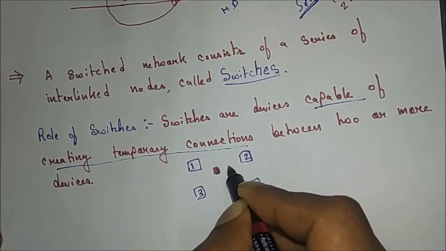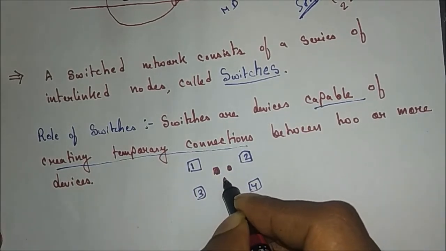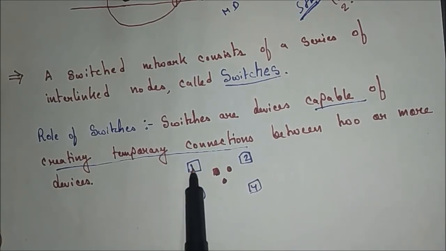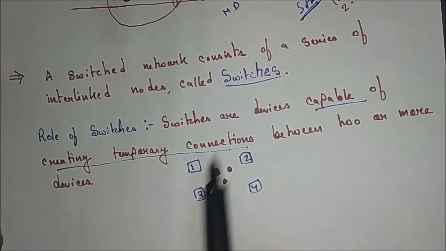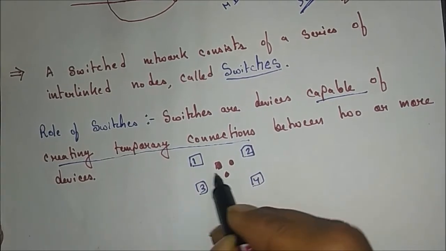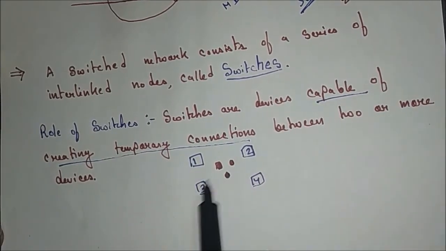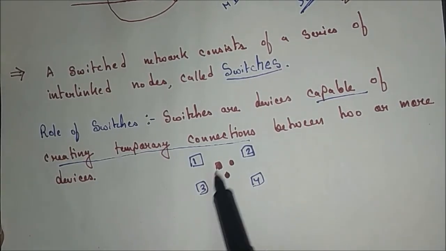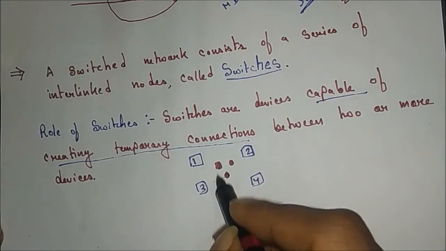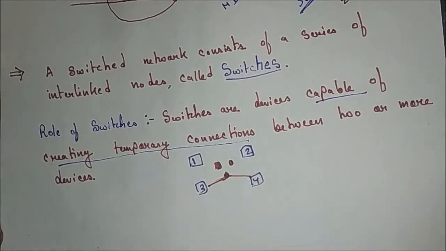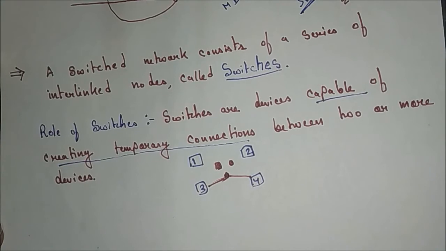The blue boxes are devices, and the red points are switches. There are 4 devices and these are the 3 switches. If you want to connect these 4 devices with the help of switches, this is one possible path.